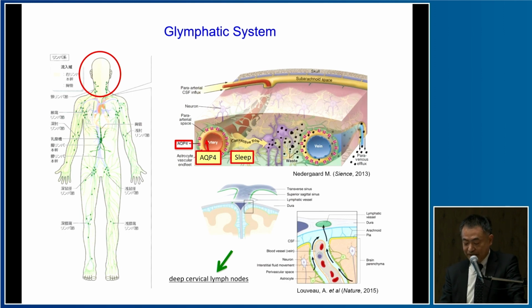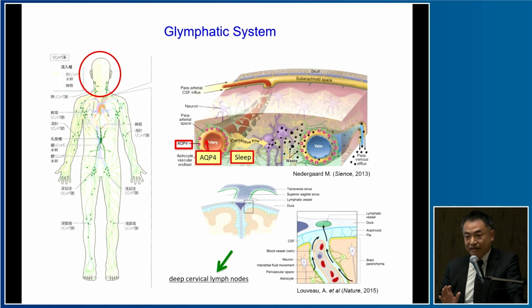The Nedergaard group showed aquaporin 4 is involved in this glymphatic flow, but there is still no direct evidence. They monitored fluorescent dye or other things, A-beta, anyway, solutes. But we have to visualize the solvent water flow.